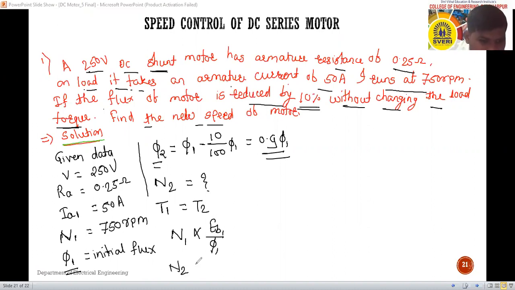Similarly, n2 is directly proportional to Eb2 divided by phi2. We have phi1, the value of phi2, and the value of n1, and we have to calculate n2. Do we have Eb1 and Eb2? No, sir. We want to calculate Eb1 and Eb2.